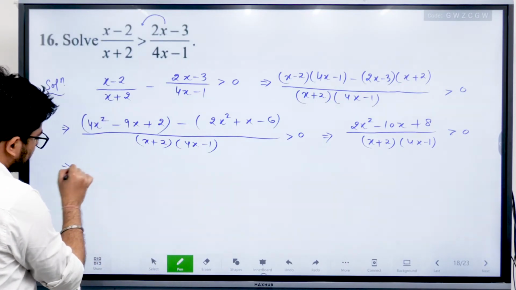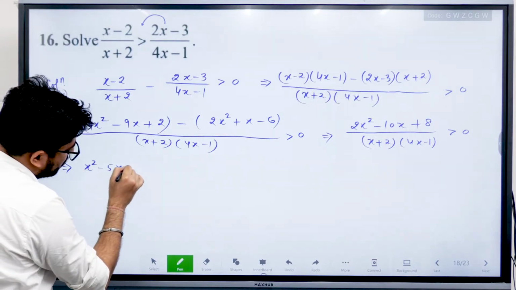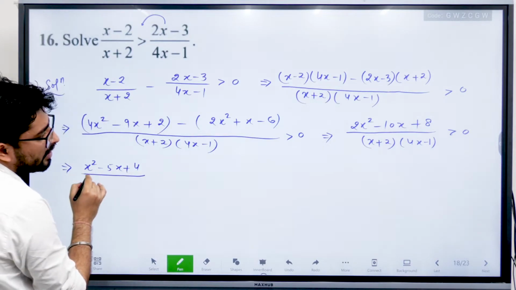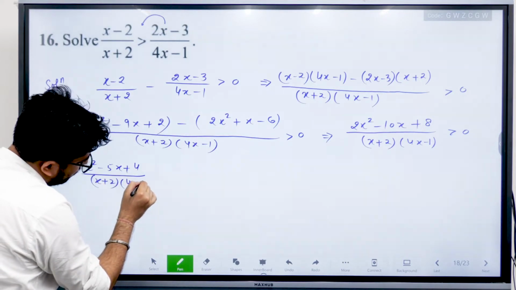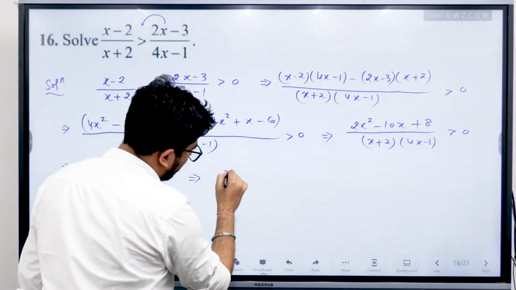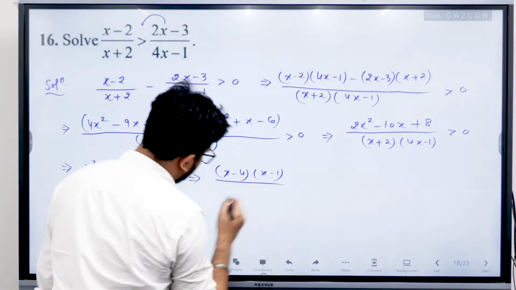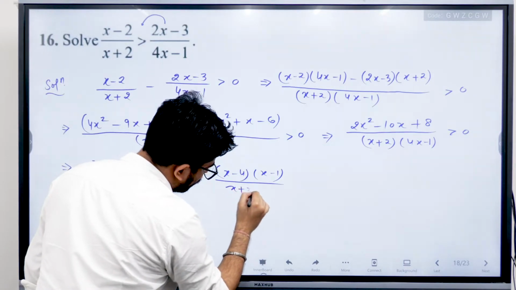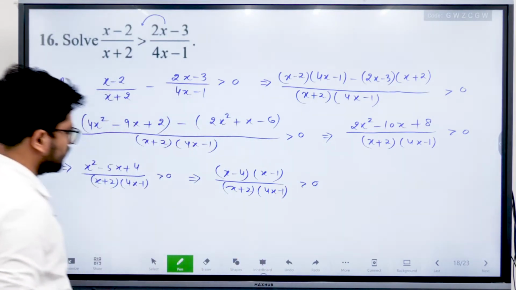So this is (x square minus 5x plus 4) divided by (x plus 2)(4x minus 1) greater than 0. Now you can write the linear factors: (x minus 4)(x minus 1) divided by (x plus 2) and (4x minus 1) greater than 0.